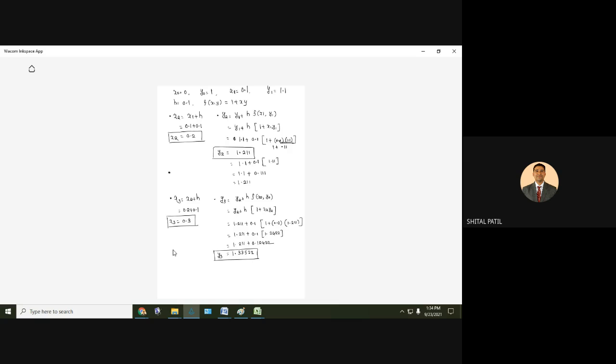Okay. I'll go to the next page. We want to find up to x equal to 0.5, so two more values are required. Please repeat the same steps and find two more values.